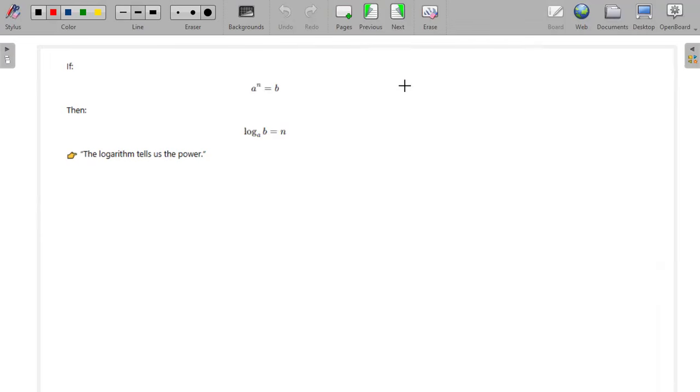So for example, if we have 2 to the power 3, then that is equal to 8. So when you're writing the log, the base that you have is going to be your base. So your base is 2.